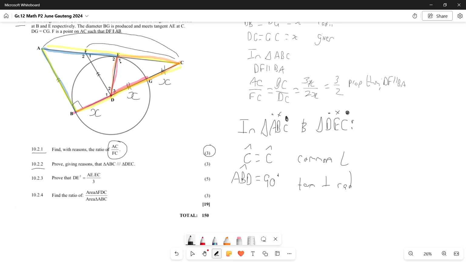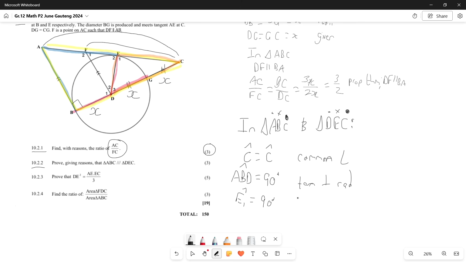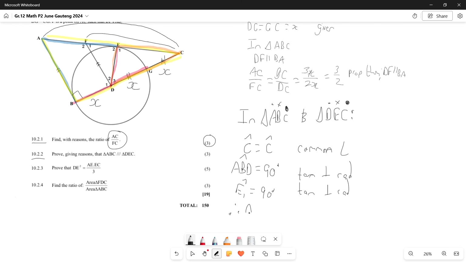Because E1 is 90 degrees for the exact same reason, because we also have a tangent here, AE, and it is also meeting our red line here, our radii, DE, which means that E1 also equals 90 degrees, also because of tan perp rad. And therefore, angle ABD, angle B there, equals E1 equals 90.